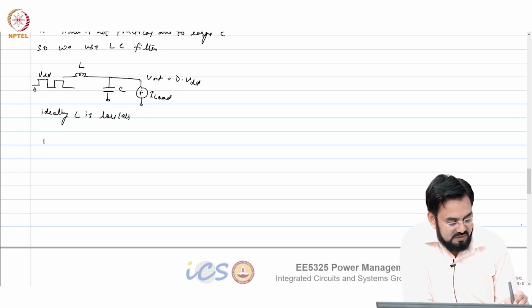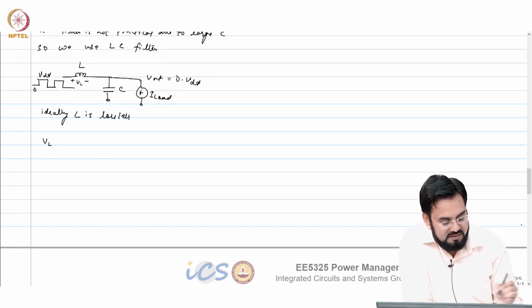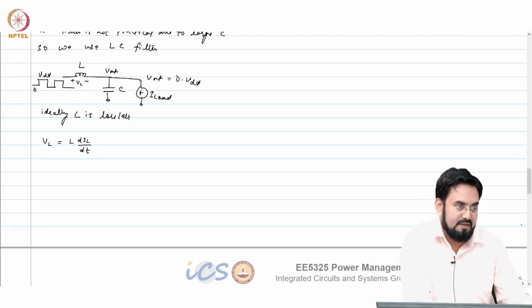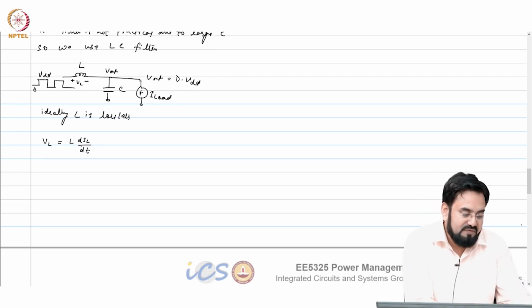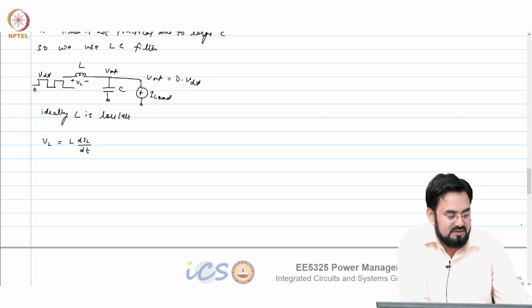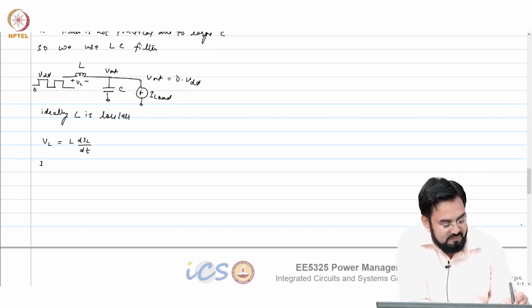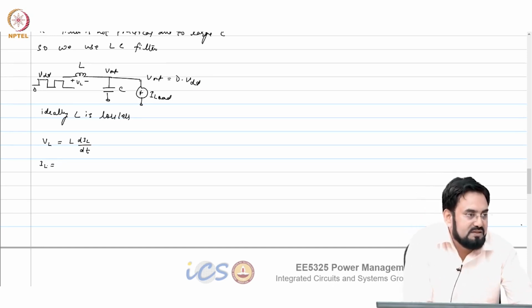If this is plus minus VL, this is V out, so VL equals L dIL by dt. So if I want to find the small signal current, what will that be? What will be the small signal current?